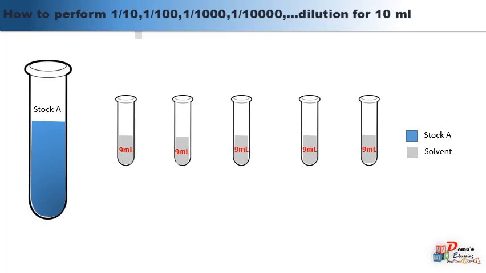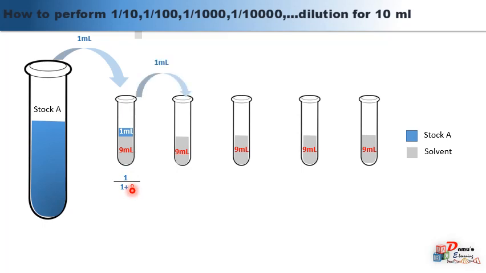And since we know at each step we should be doing a 1 is to 10 dilution, we have to take 9 ml of the solvent, take 1 ml from the main stock, and then add that into the first tube. So if you add 1 ml to the first tube, the concentration there will be 1 by 1 plus 9, 1 ml of the stock plus 9 ml of the solvent.